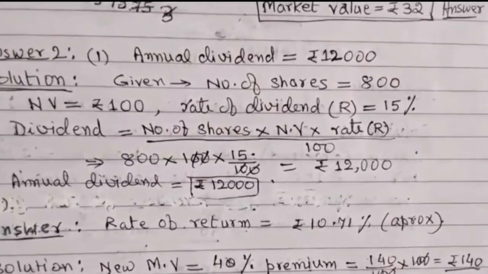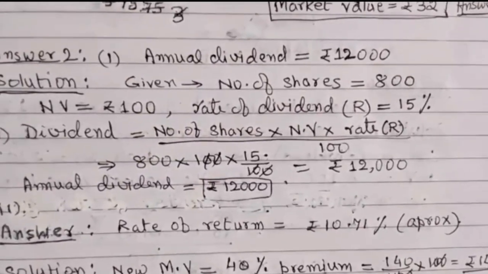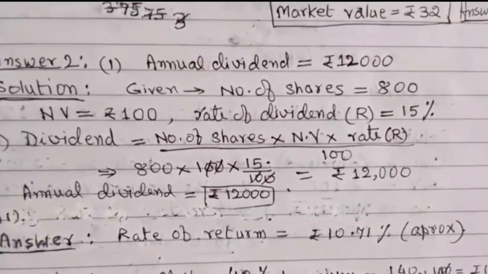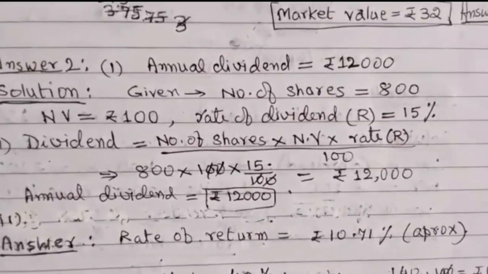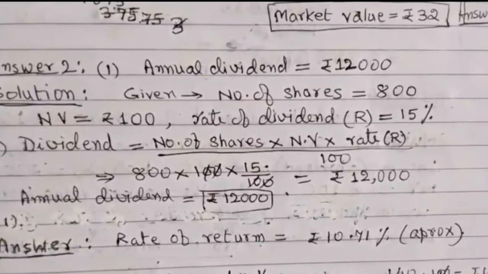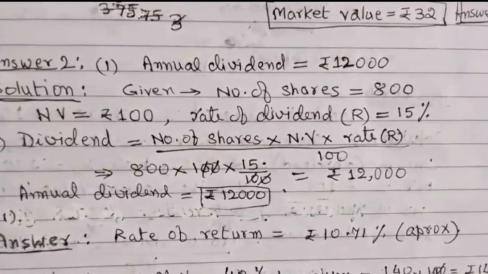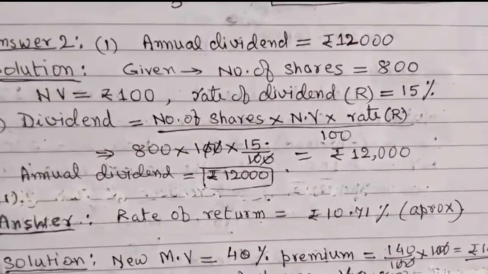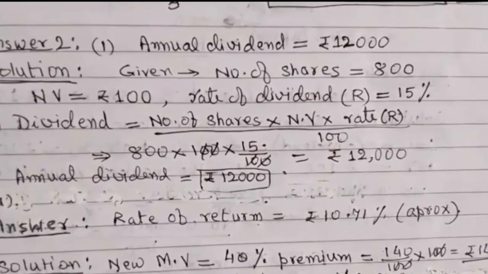Now first part, using the formula dividend equals number of shares into nominal value into rate by 100, we get dividend equals 800 into 100 into 15 by 100, that is rupees 12,000. So the answer, annual dividend rupees 12,000.